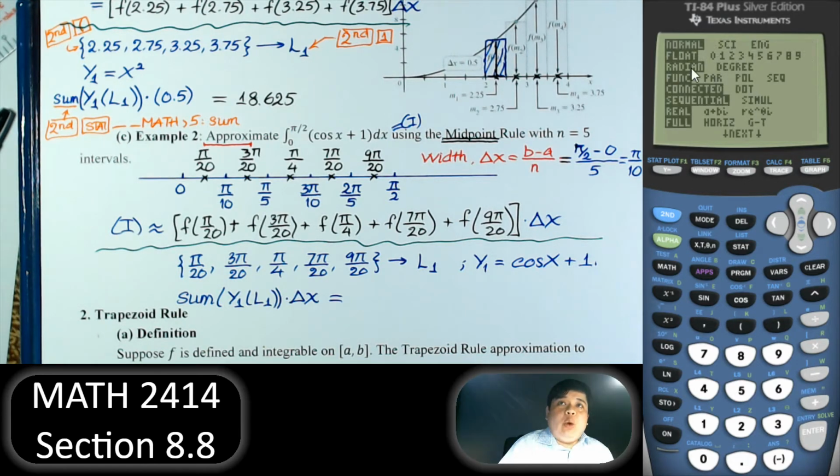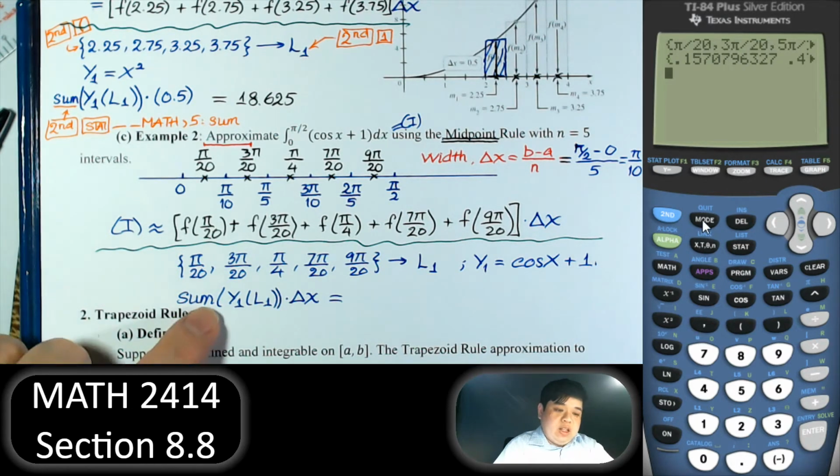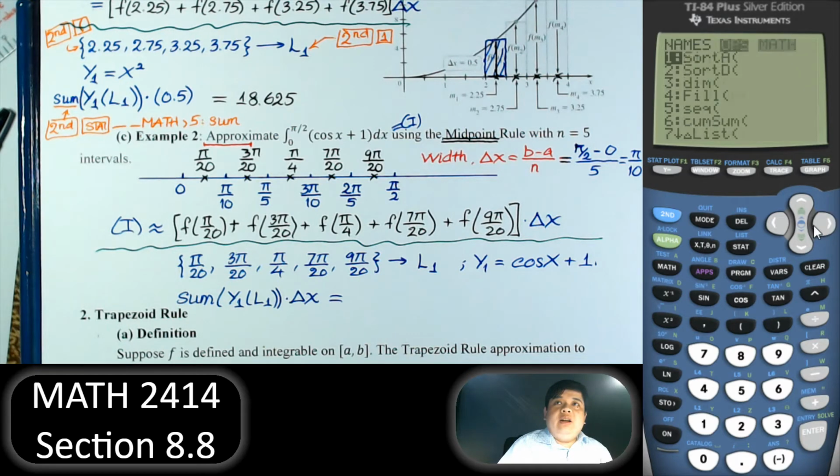Make sure it is in the radian mode before we enter the function cosine of x plus 1. Right. We enter the function, so second mode. Right, we just need to enter this. Second stat, go to math, option number 5, that summation, and then I can do this variable, y variable function y1, evaluate at the list that we just entered.